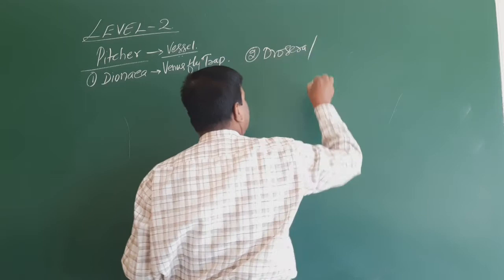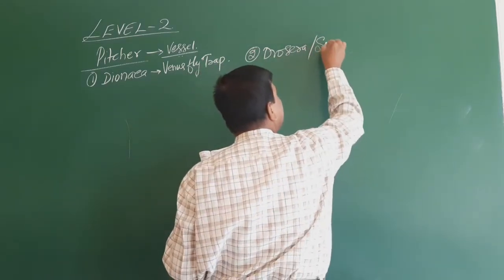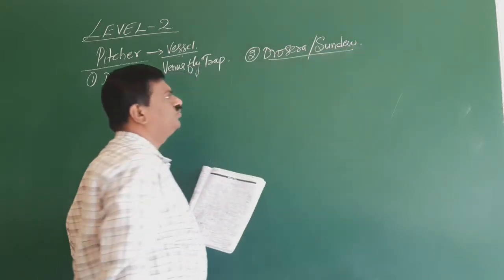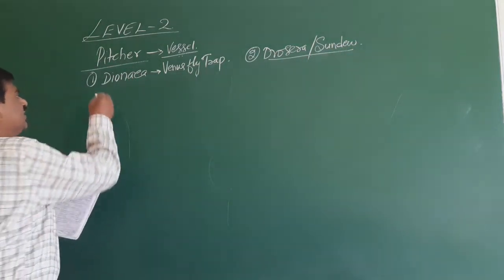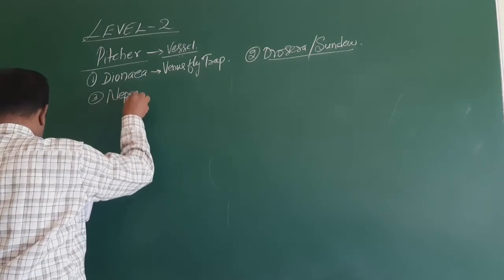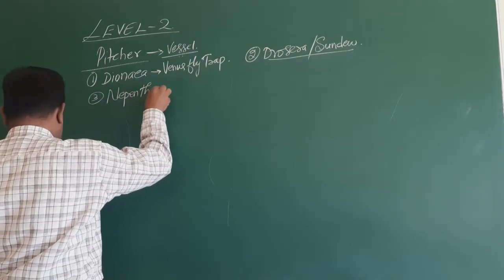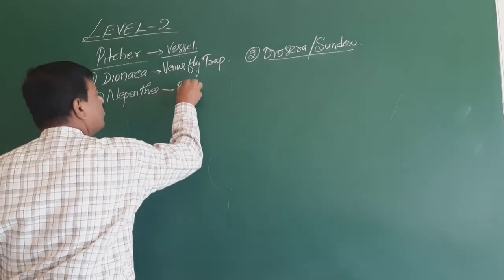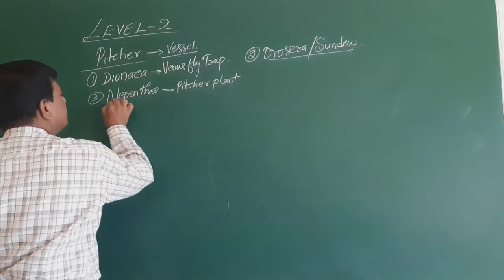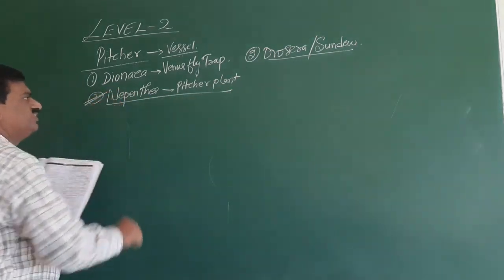This Drosera is commonly called Sundew. Even this is one of the insectivorous plants. And the third one is called Nepenthes, and this Nepenthes is called a pitcher plant, hence the right option is Nepenthes.